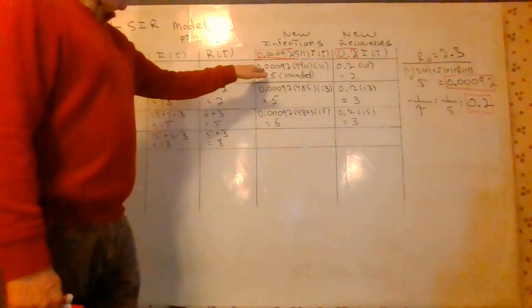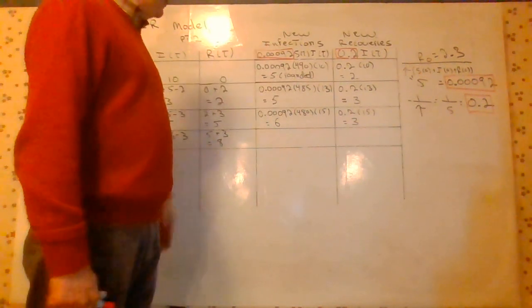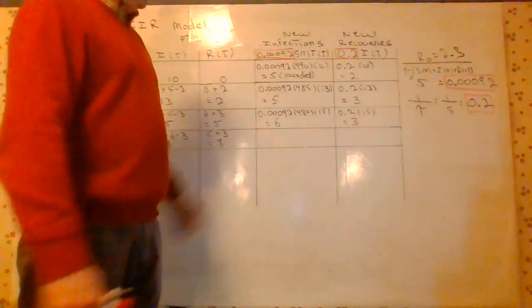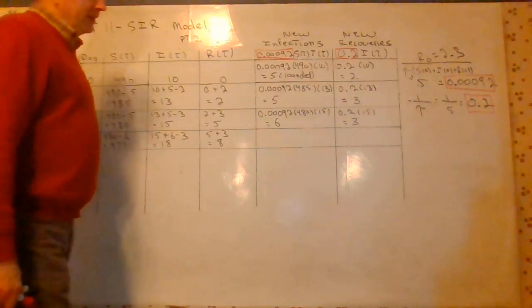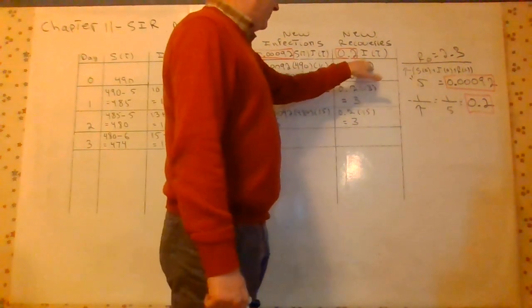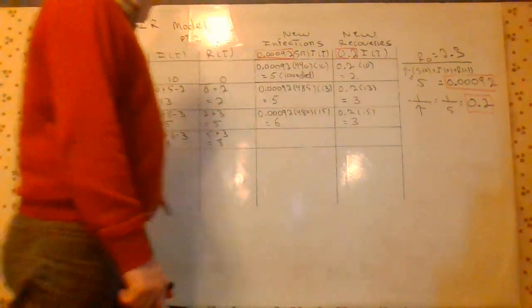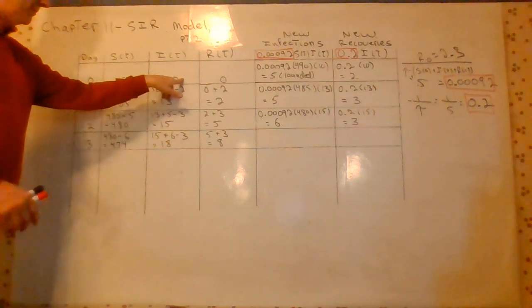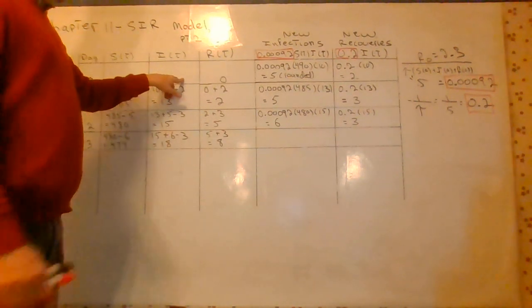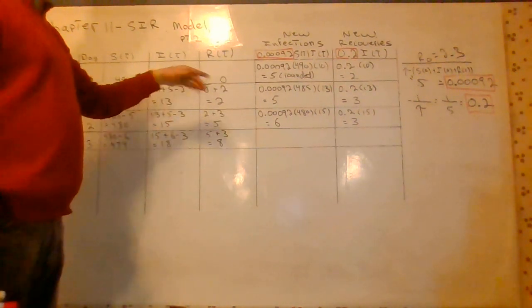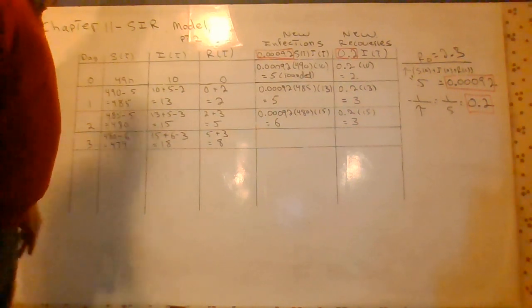You can carry this to whatever place you want if you're doing the model. I just picked the nearest person. And then we multiply 0.2 times the number of infected. Number of infected is 10, and we get 2. 10 infected for a duration of 5 days, and so 10 divided by 5 is 2. 2 per day makes sense.